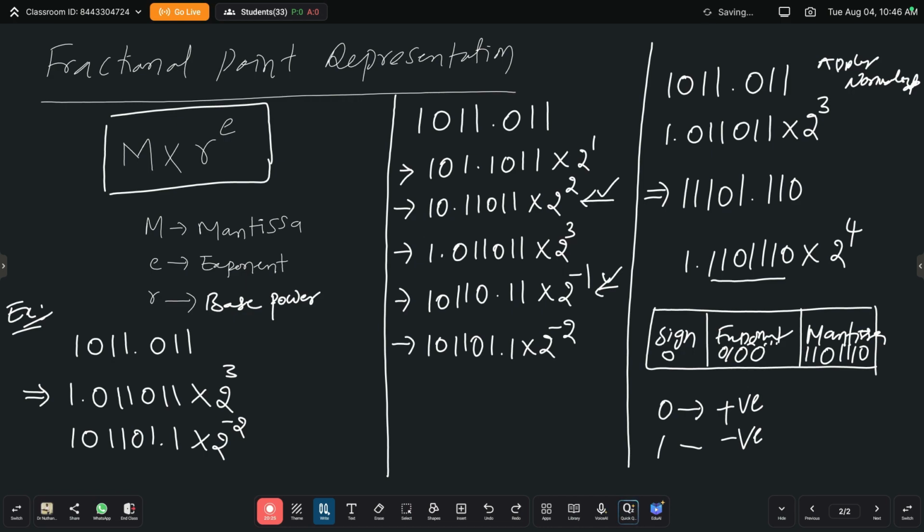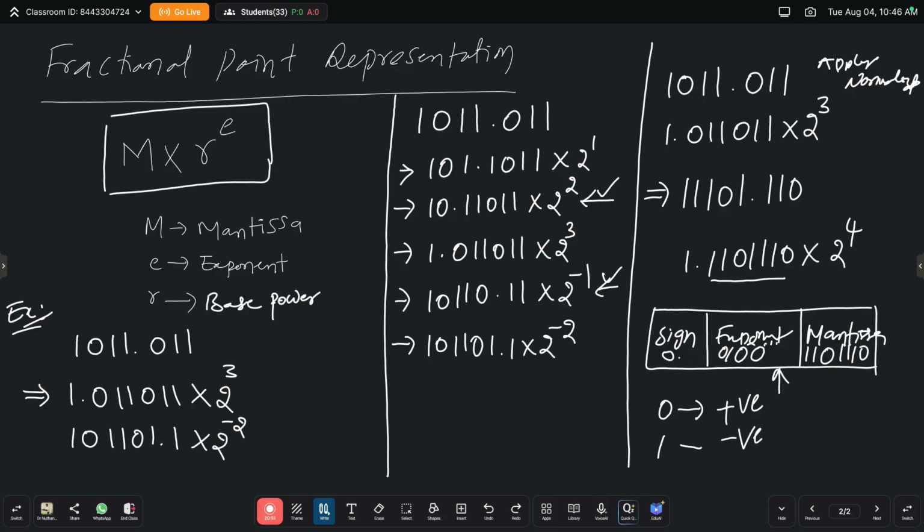Okay, happy. But there is a scope for negative exponent. Sometimes you will get a negative exponent. Then if the exponent is negative, how to represent it here?